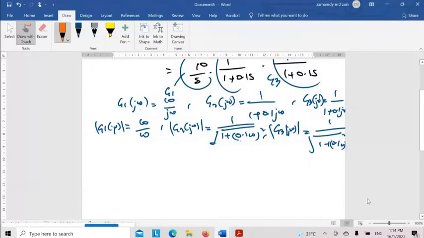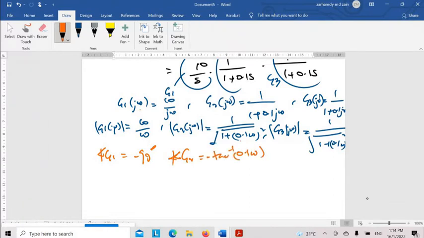Okay, for the phase, G1 is negative 90 degrees. For G2 we have tangent inverse 0.1 omega, and for G3 we have negative tangent inverse 0.1 omega.